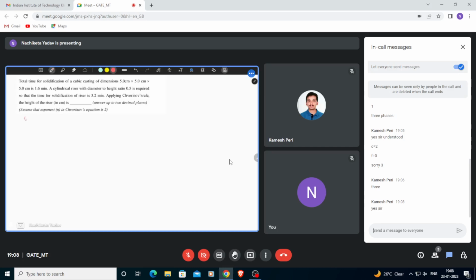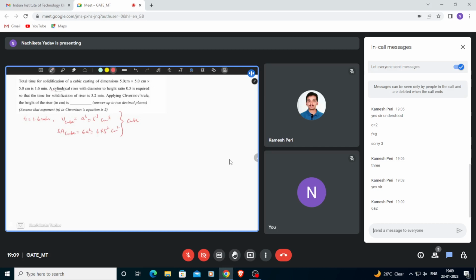Time is given, it is 1.6 minutes, and the volume of the cube is a cube, so we can write 5 cm cubed. What will be the surface area? For a cube, the surface area is 6a squared. So simply we can write 6 into 5 squared centimeter squared. This is for the cube.